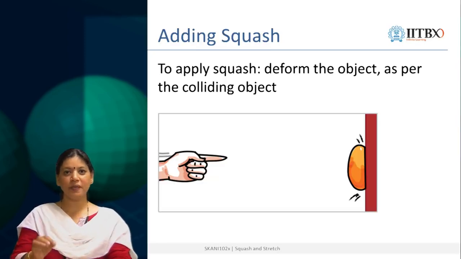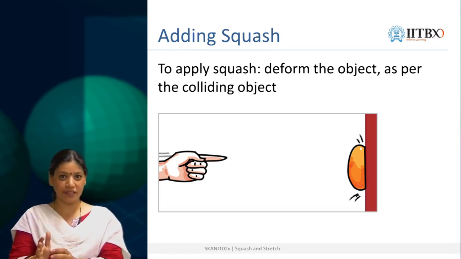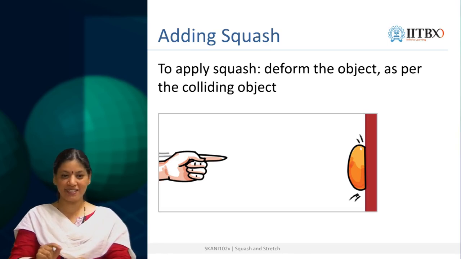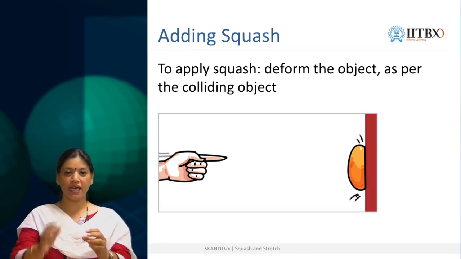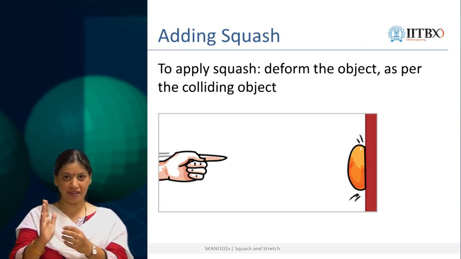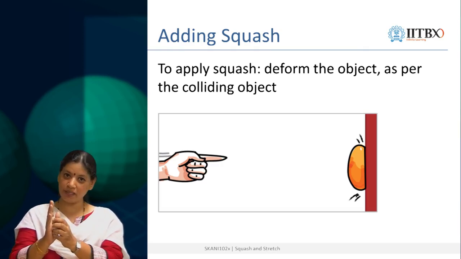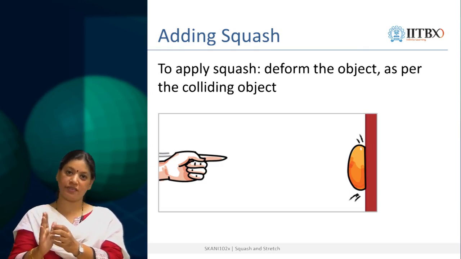What about the squash? Squash depends upon the object which it is going to collide with. In this illustration, you can see that the ball is very soft and the wall on which it is hitting is hard. So the squash of the ball is dependent upon the colliding surface.